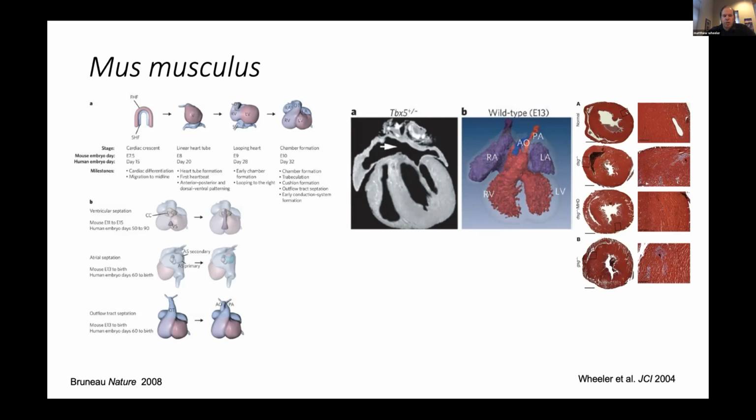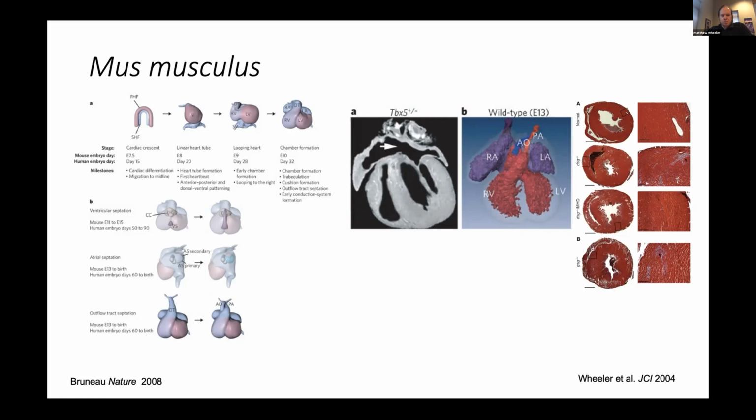And we can really do all of the phenotyping that we can do in humans or large animals in mice. We can MRI them as shown in panel A here. We can, of course, do necropsy, which is harder in humans. We can echo them. We can do electrophysiology studies. We can do coronary anatomy studies.